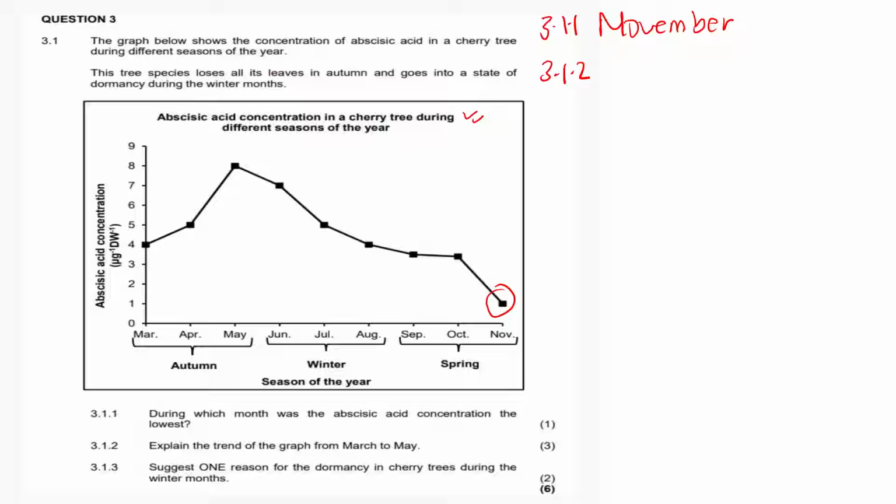From March to May. So we have to explain the trend. We can say that the concentration of abscisic acid increases.